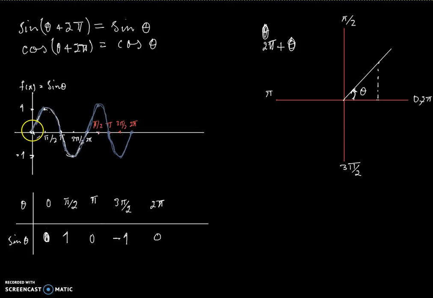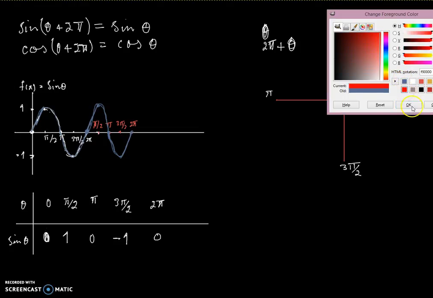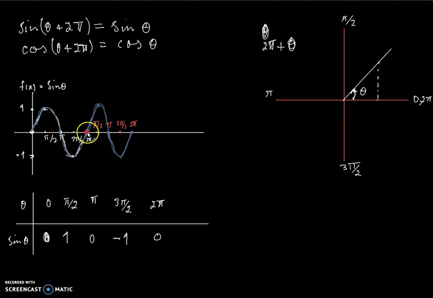You can see that starting from 0 here, the function is going upwards, coming down, and going up, and when you get to the point 2 pi, again the function is at 0 and going upwards. When you get here, the function is at 0, but it's going downward, so it's not behaving in the same way as it is at point 0.